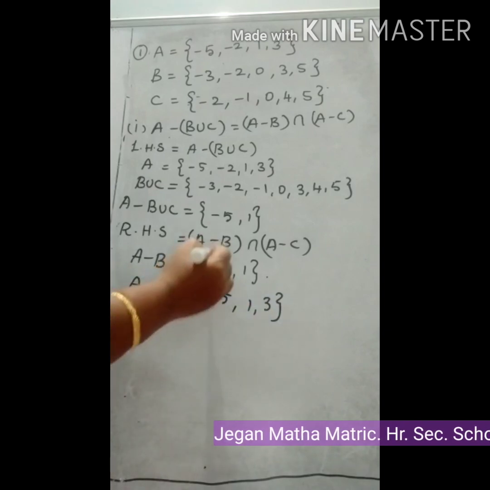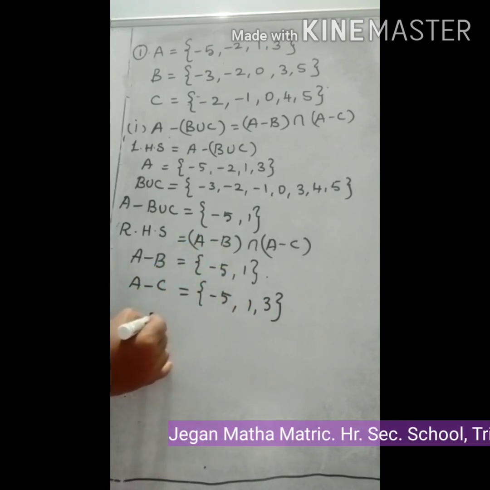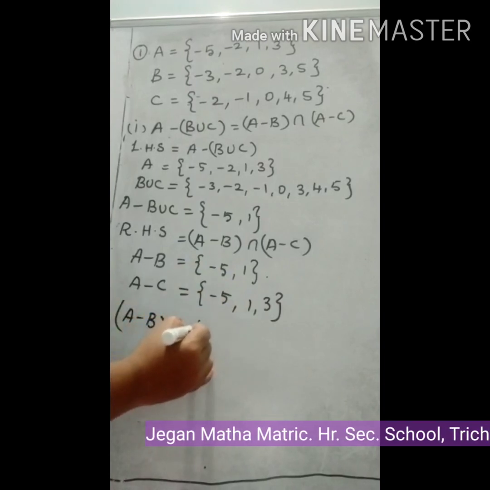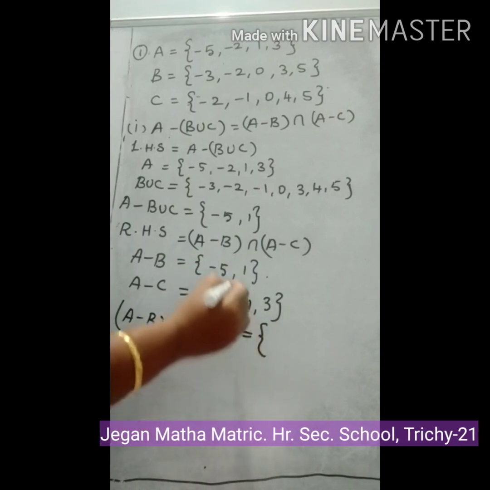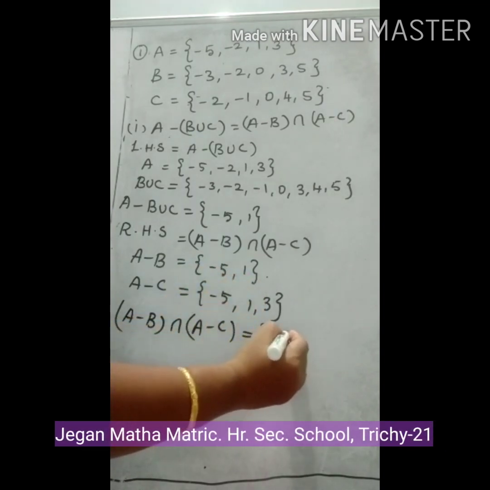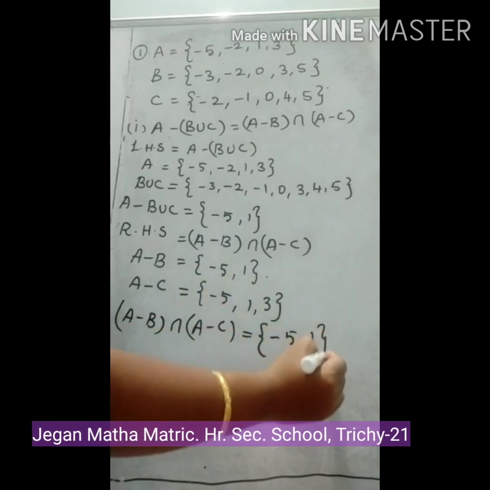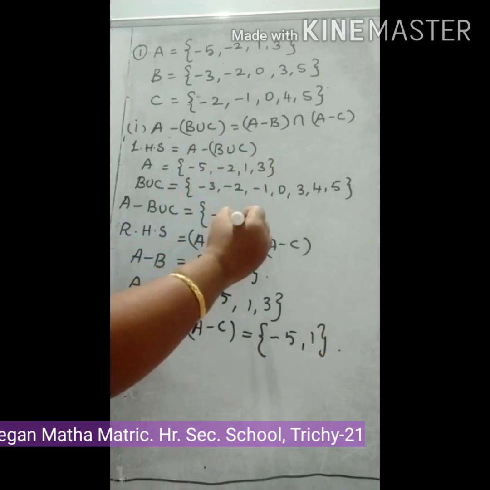Now you have to take the intersection of these two. So A minus B intersection A difference C is equal to, you have to take the common elements of these two, minus 5 and 1. So this is LHS. What is the value for LHS?